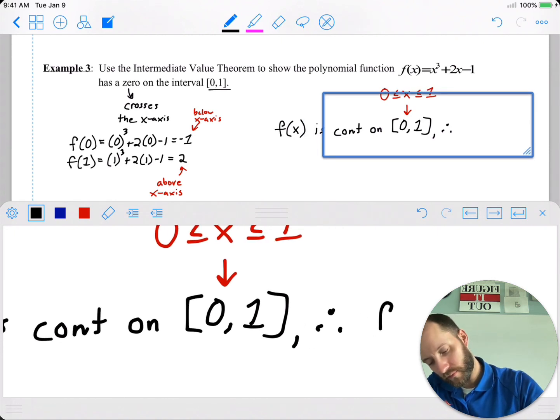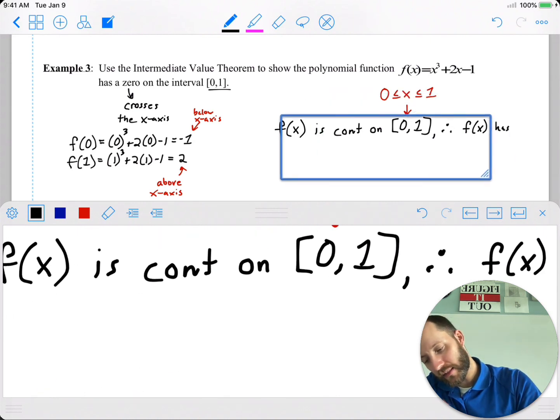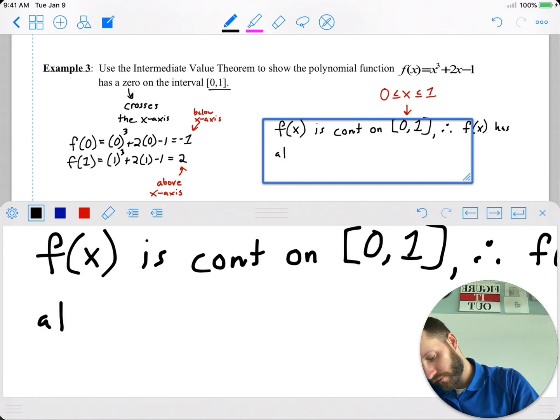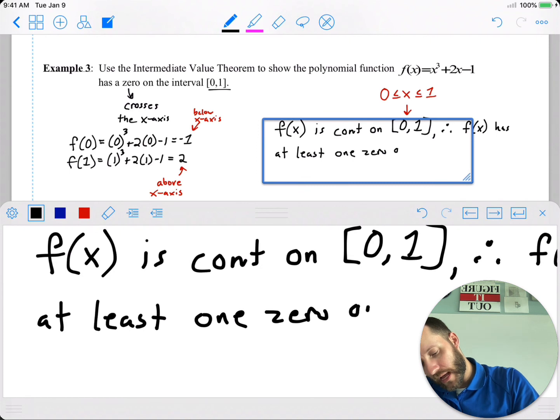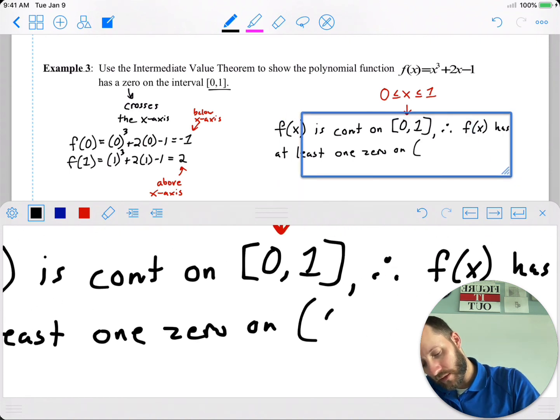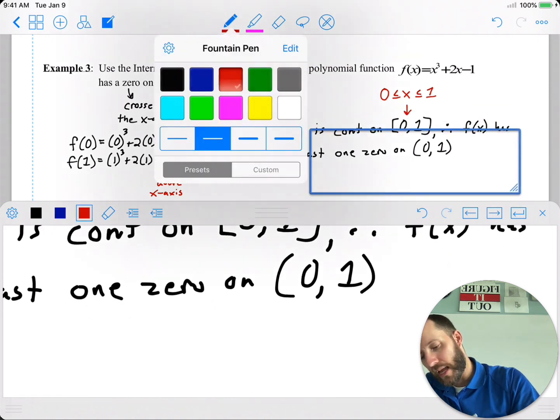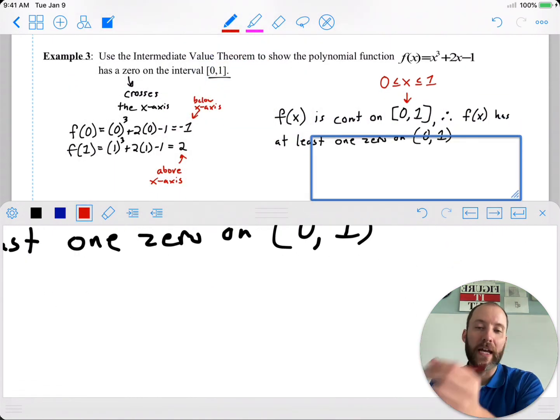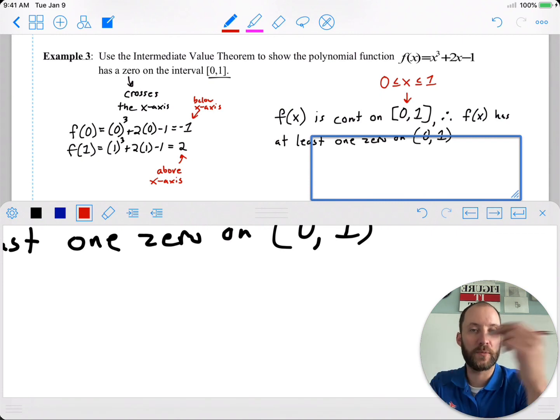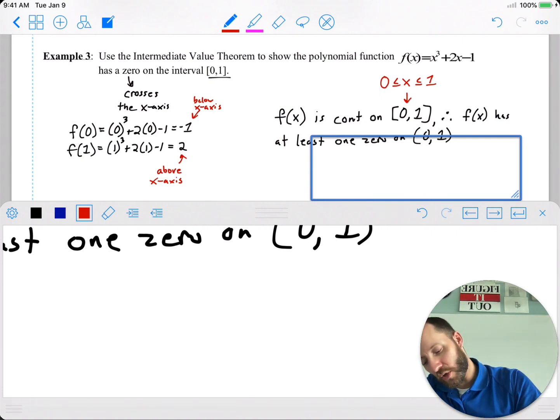Therefore, f of x has at least one zero on the open interval 0 to 1, and open interval, I mean our endpoints f of 0, f of 1 are not themselves zeros, so we don't have to include them.